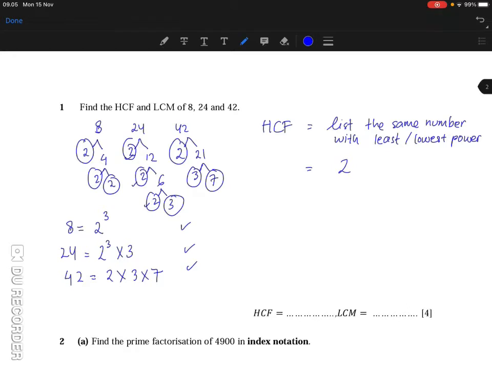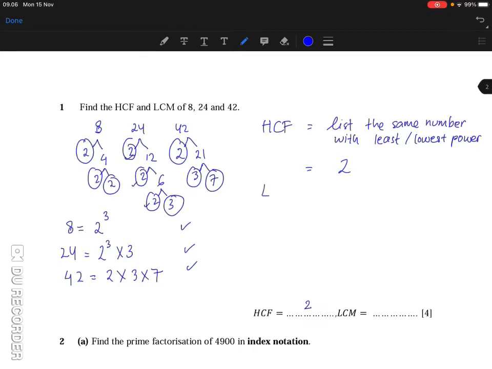And then with the lowest power between 2 cube and 2, you have to choose the 2 itself because it is the lowest power, right? It means you have 2 to the power of 1. So your HCF here is going to be 2. Don't forget to put it in the space given if you want to print out the questions, yeah.